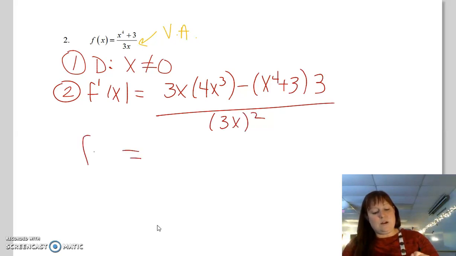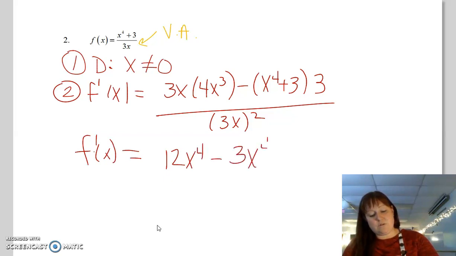Okay. So that's a pretty complicated derivative, so let's go ahead and simplify it and see what we get. So we get 12x to the 4th minus 3x to the 4th minus 9 over 9x squared.